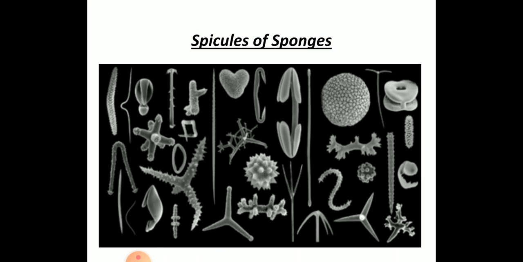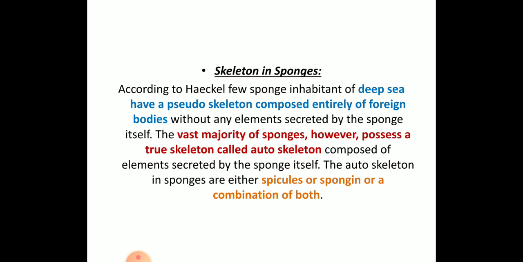So what are these spicules? Spicules are nothing but the skeleton of the sponges. According to Haeckel, he was the person who distinguished the skeleton of sponges on the basis of their majority skeletal material, for example spicules, spongin fibers, or a combination of both.